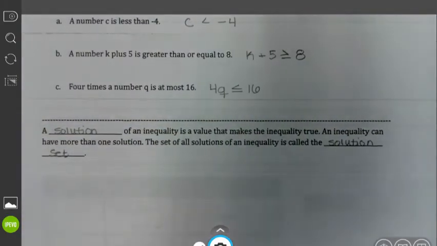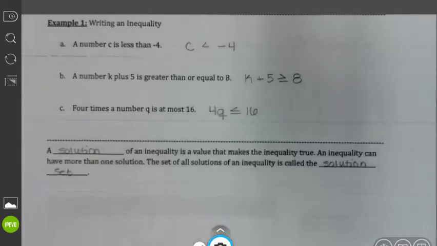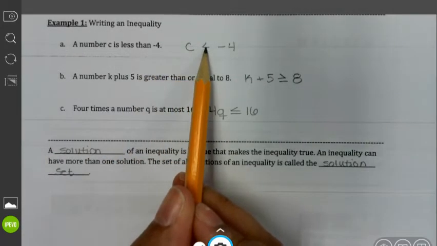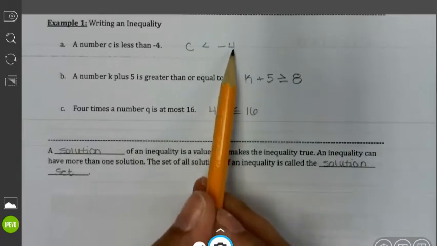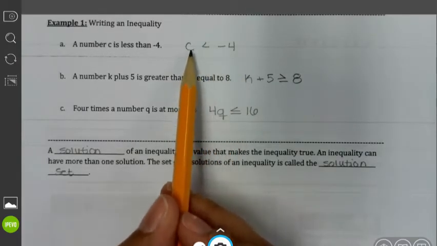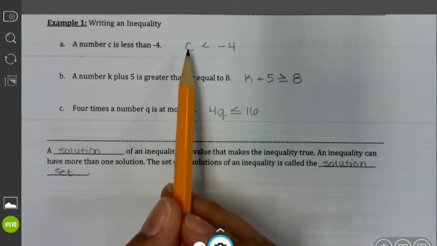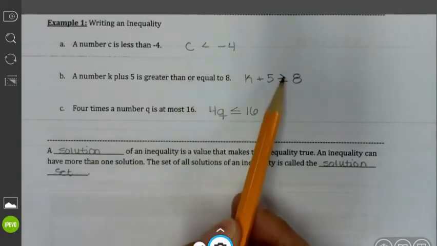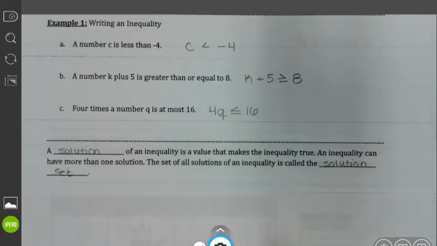So for example, if we look back up at example 1, part A, there are many numbers that are less than -4, like -5, -6, -7, and it keeps going forever in that direction for infinity. So when we have inequalities like this, please be aware that there is more than one answer typically.